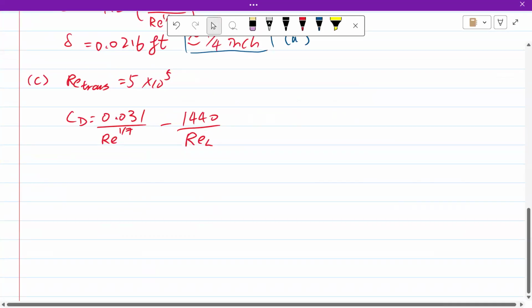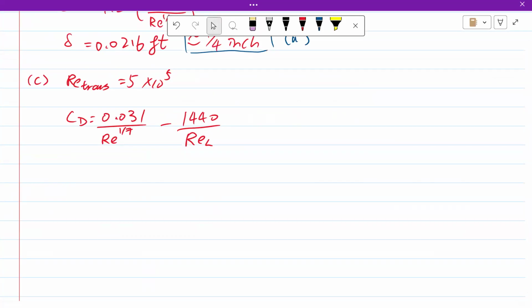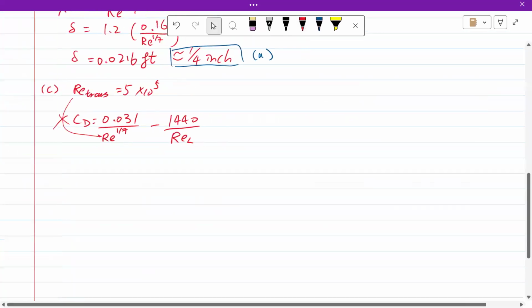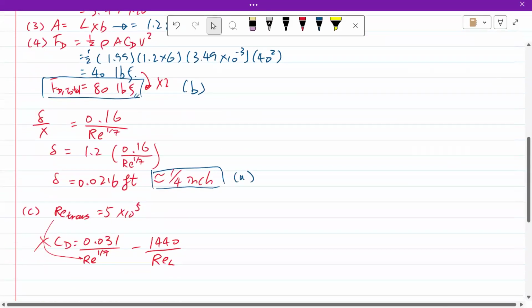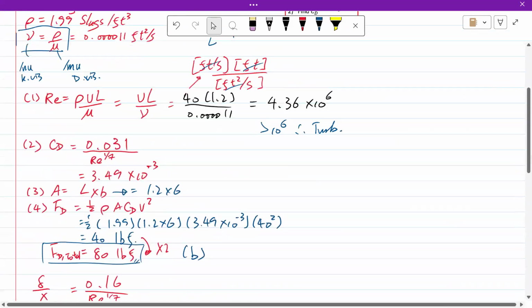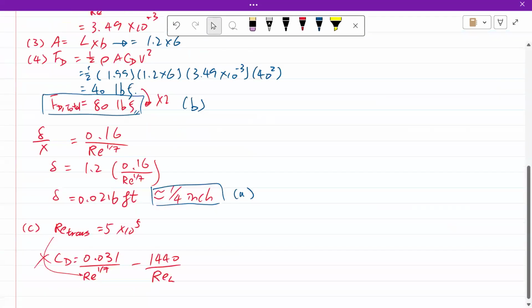Let's actually plug the numbers in. Remember, this is not the same one. The RE trans is just for reference on which equation to use. The Reynolds number is still what we calculated before, which is 4.36 times 10 to the 6.